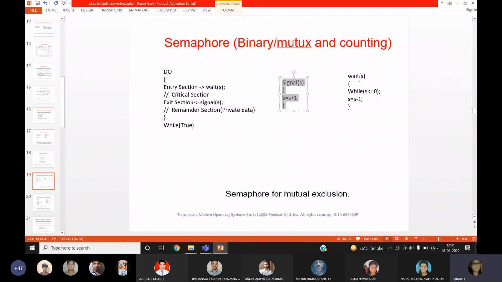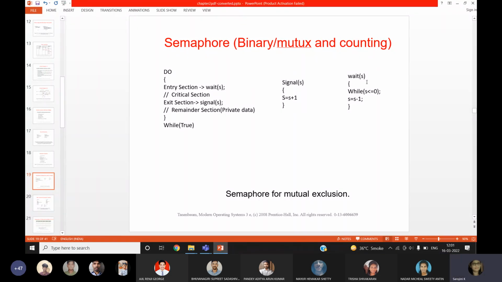We initialized S equal to 1 because this is a binary semaphore. S is nothing but the semaphore. So S can be either 0 or 1. Why? Because we are seeing the binary semaphore. So semaphore can have either 0 or 1. Assume that semaphore is starting with the initial value 1.